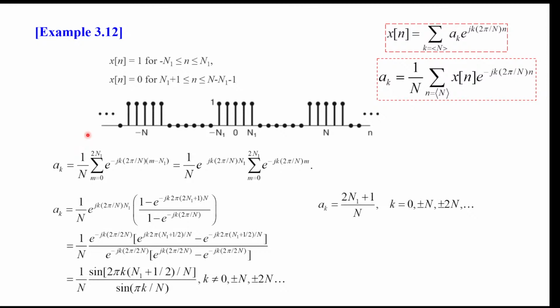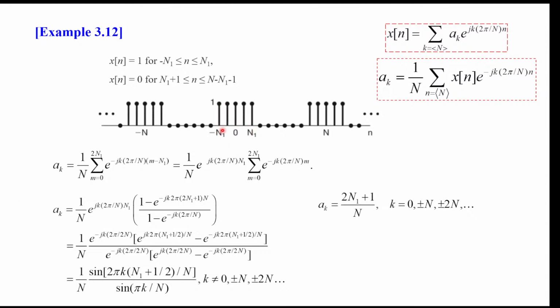I guess here we already do the change of variable. It's a bit annoying. So here we do the summation, and the m is actually saying we sum from this point to this point.